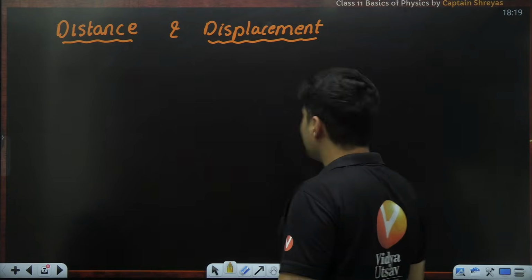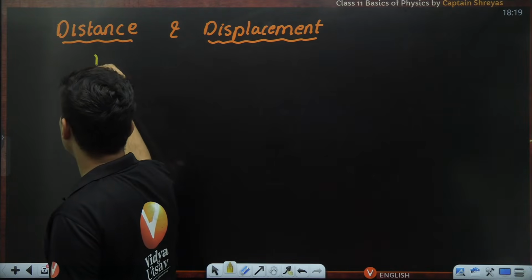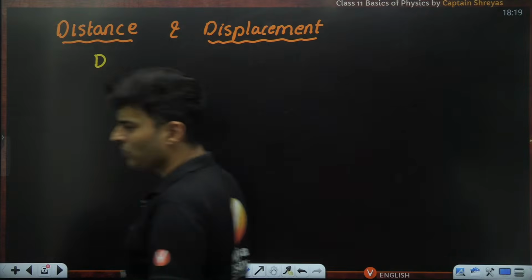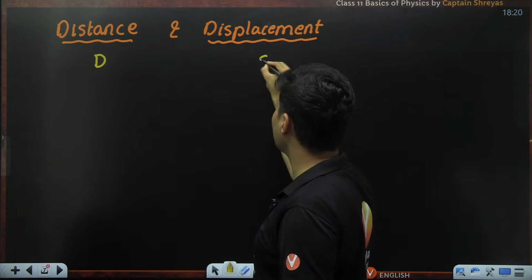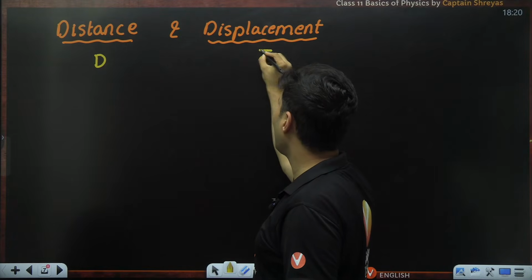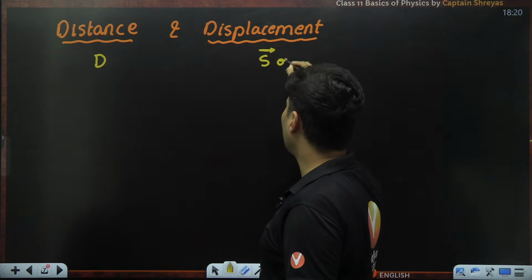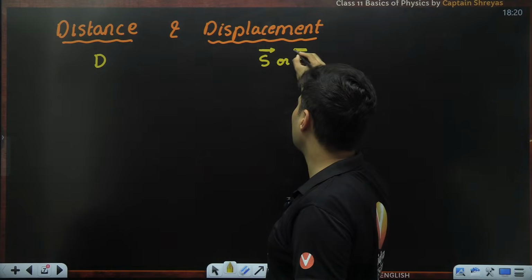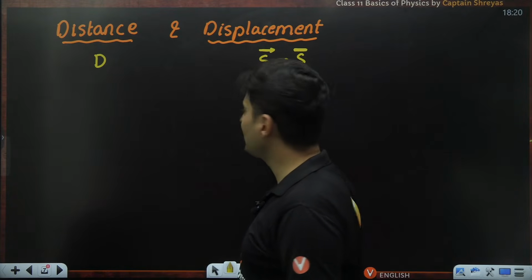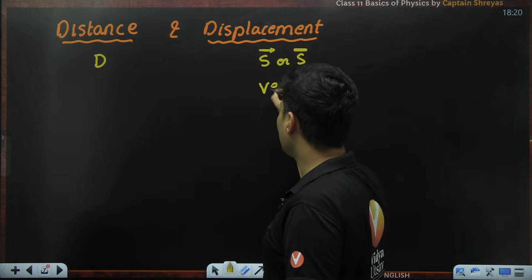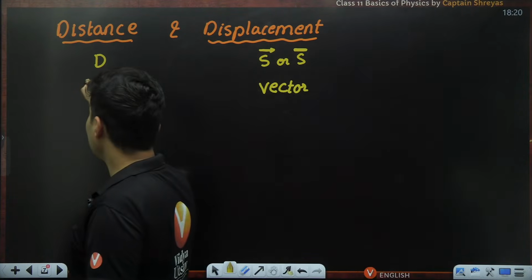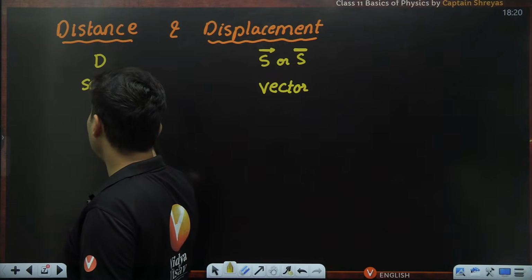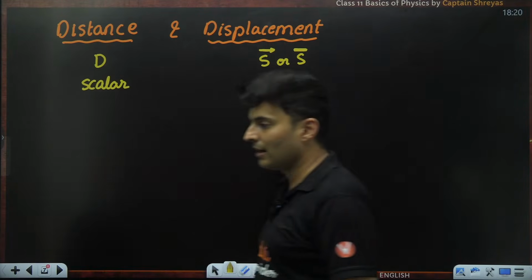The usual symbol for distance that we use in our books is capital D or small d. For displacement, the usual symbol is S, but you will see an arrow mark or a bar over it. That is perfectly fine, because displacement is a vector quantity, whereas distance is a scalar quantity.